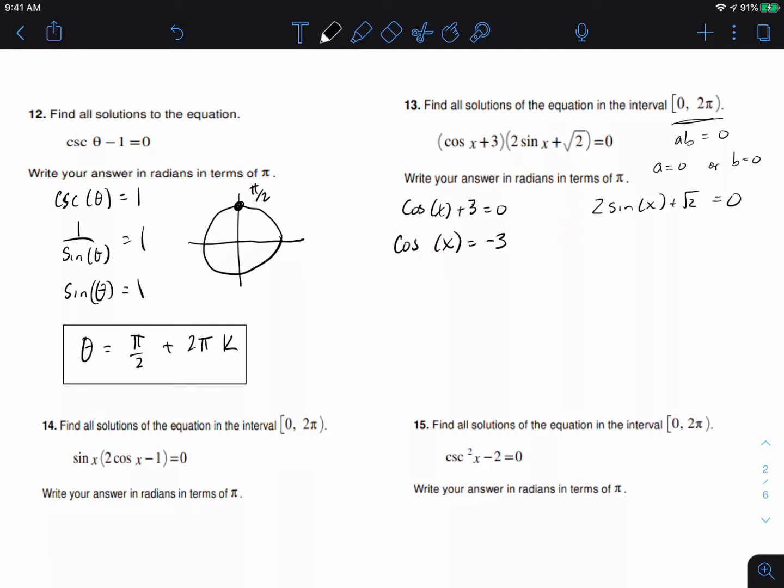What do you guys think? On the unit circle, how big is the radius?